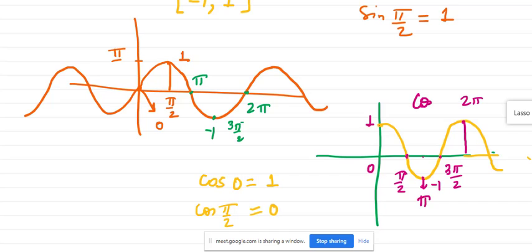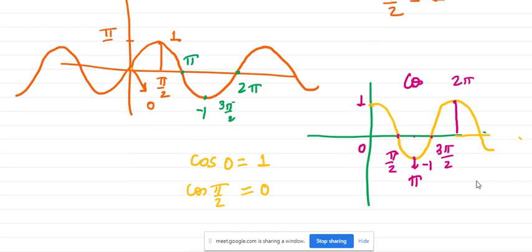This one is clear? Same way, for cos, the values will go from which to which? Cos also goes from minus 1 to 1.